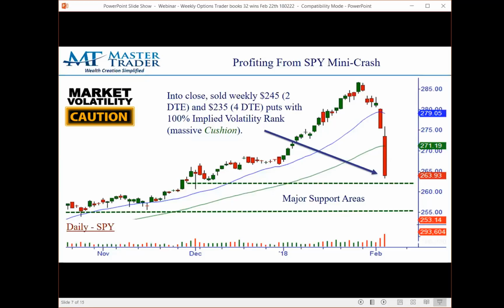And we got, I don't have the actual numbers here, but I'll show you one on the next page, we got paid like over $2-3 for this, for only risking 2 days and 4 days on these two strikes that we did. But notice, traders, notice the following. Look at the two support areas that I have marked here, 255 and roughly 263.